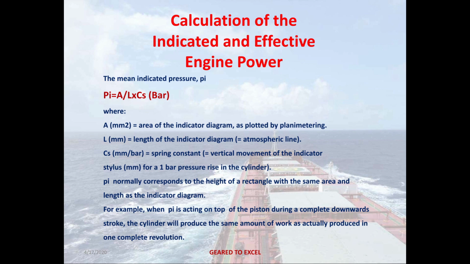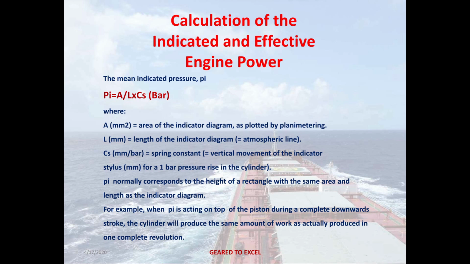CS is the spring constant, that is the vertical movement of the indicator stylus for 1 bar pressure rise in the cylinder, in mm. PI normally corresponds to the height of a rectangle with the same area and length as the indicator diagram.